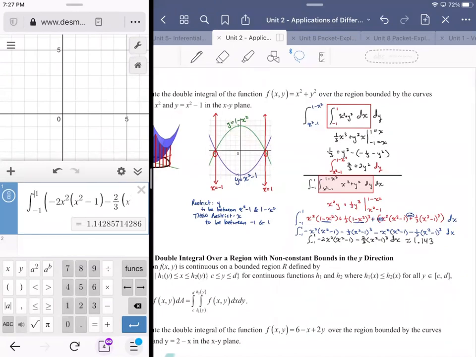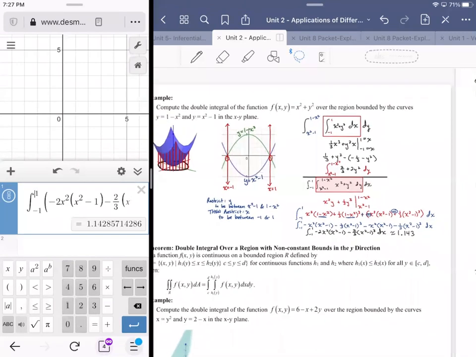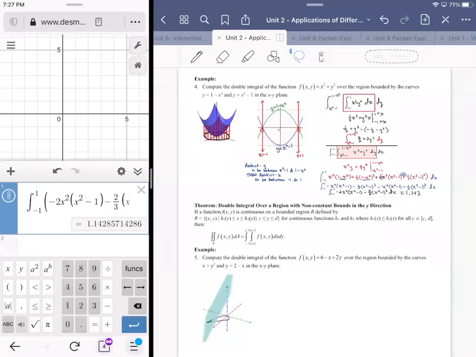They would solve for x in terms of y, so find the inverse function of y equals 1 minus x squared and y equals x squared minus 1, and then get y bounds that are numerical. I just don't recommend it because you're taking something that's polynomial and making it a root function. It just makes it more complicated. In a lot of cases, it ends up being a personal preference, but in that case, I think you're just making life more difficult.